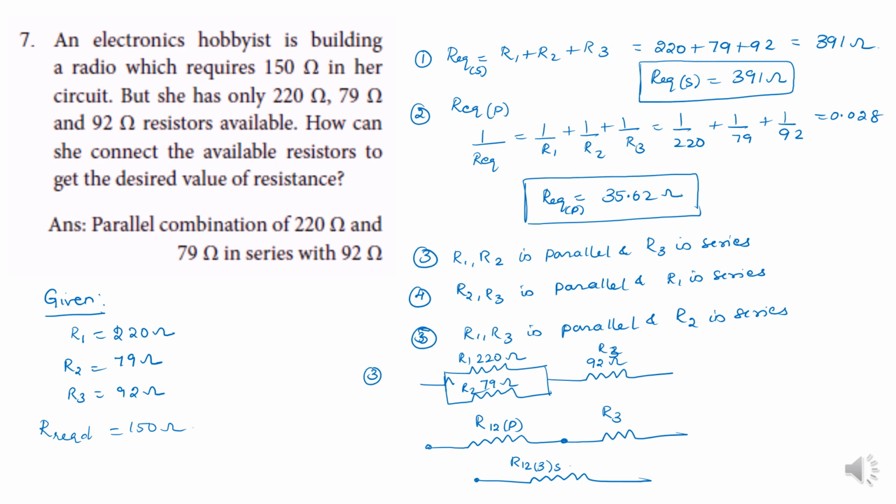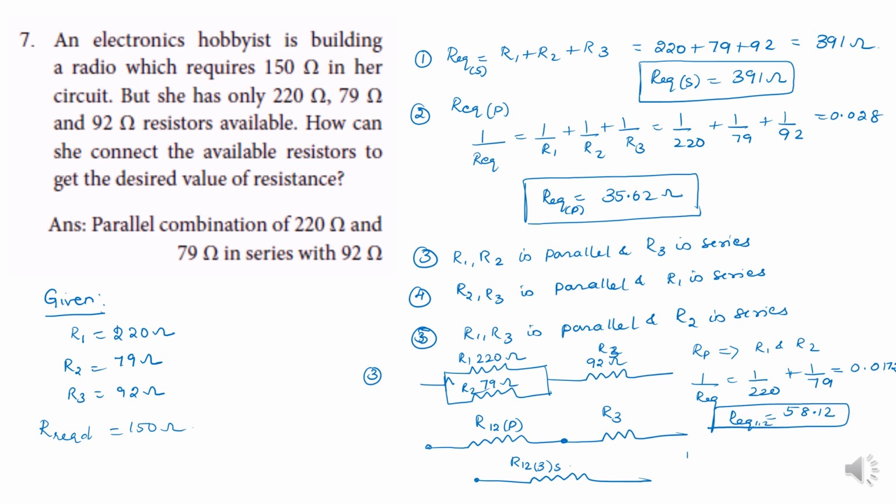So for parallel configuration of R1 and R2, 1 by R equivalent is equal to 1 by 220 plus 1 by 79. So this comes around 0.0172. So R equivalent is 58.12. This is R equivalent of 1 and 2 in parallel.